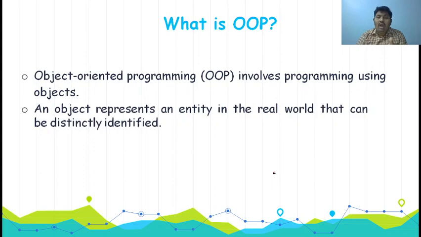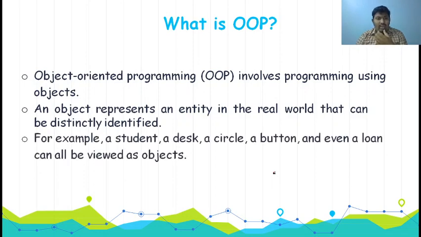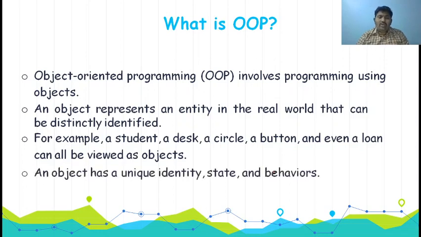In a student desk, a circle, a button, and even a loan can be viewed as objects. Any object should have a unique identity, some state, and some behavior. If you take a student, every student has a roll number, which is his identity. State, for example, is listening to a class, running, or walking. And he has some behaviors. He is continuously talking, doing several things.